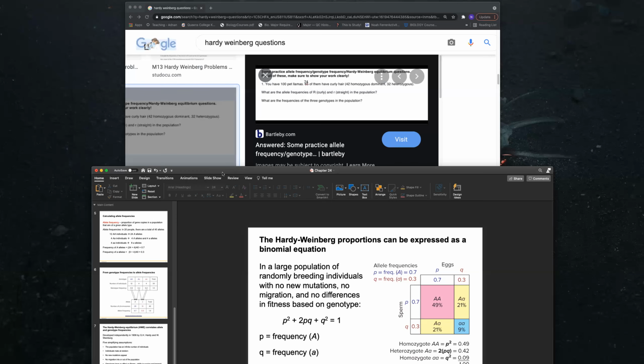Got it. And that diagram kind of indicates that to you. Because if you think about it, P is going to be greater than Q, like P is 0.7, Q is 0.3. So P squared is going to give you a larger area than the box that's Q squared.